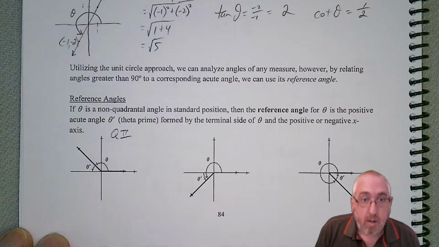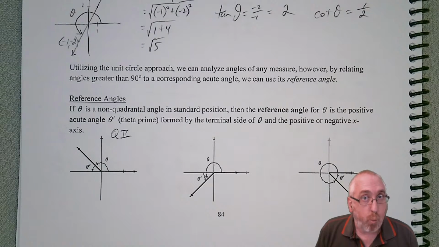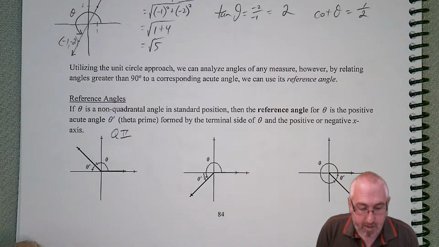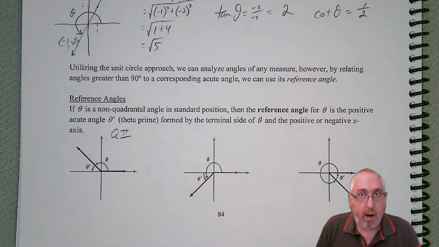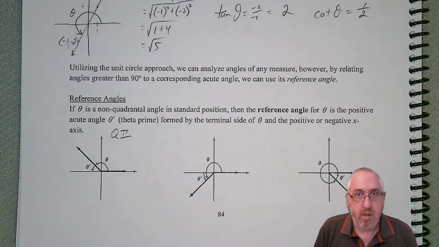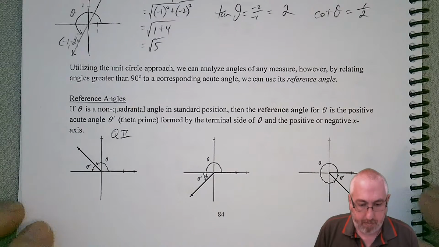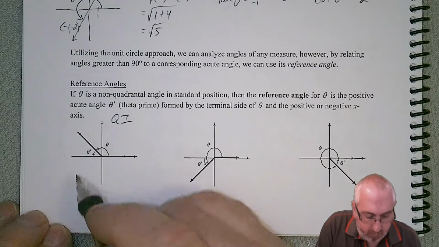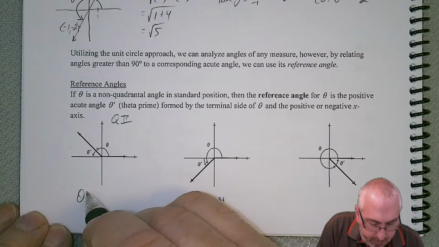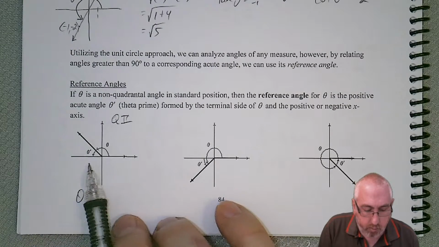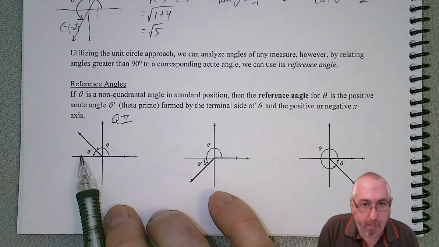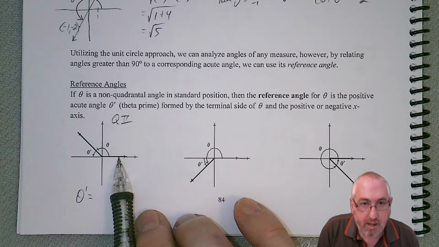So now the million-dollar question is, what is that angle equal to? How could we find that based on the information we're given and just knowledge of our overall angles? If we wanted to say that theta prime is equal to something, what can you recognize if we looked at both of these angles together?